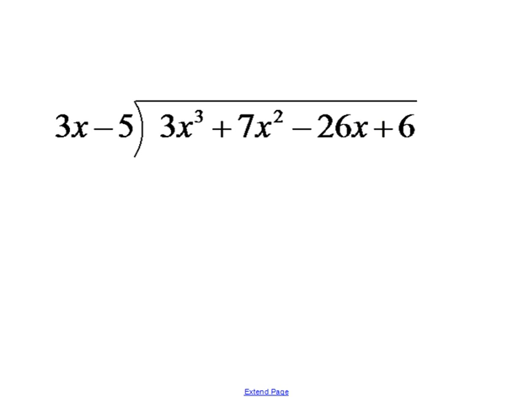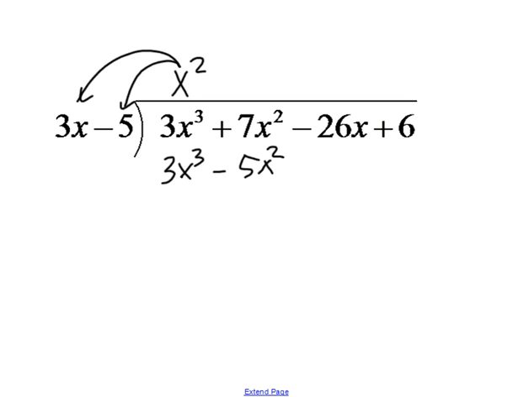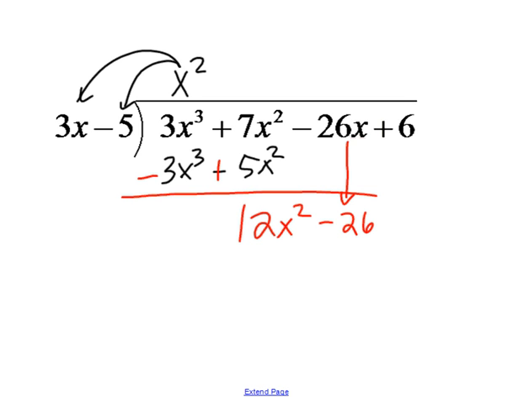Okay, so I have the idea that that's going to be x squared. Multiply that through and I get 3x cubed minus 5x squared. Subtract. 12x squared. Bring down the negative 26x. Figure out what times 3 gives me 12.